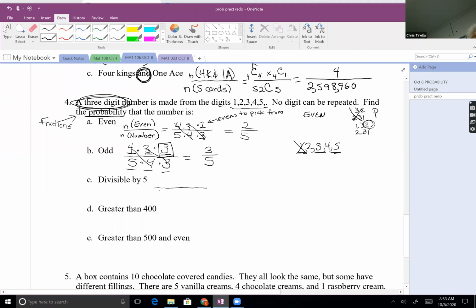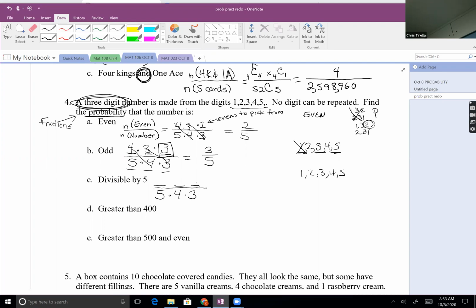So let's look at this divisible by 5. Sample space, I'm still doing a 3-digit number, so it's 5 times 4 times 3. I'm looking at the 1, 2, 3, 4, 5. In order to be divisible by 5, how can you tell if 5 goes into a number evenly? 5, 10, 15, 20, 25, 30.